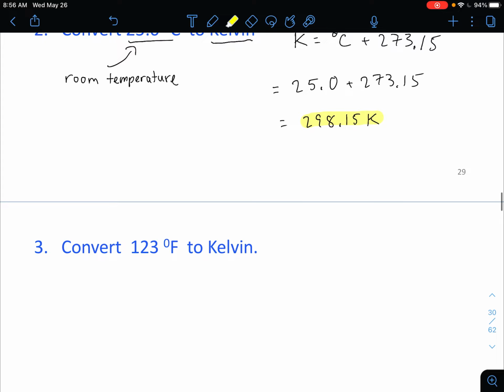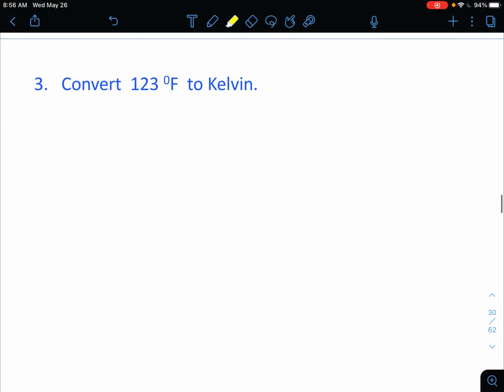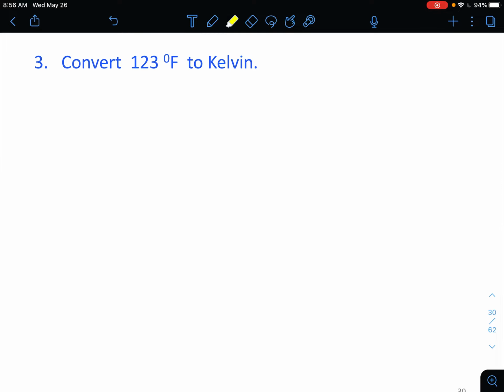Okay, hopefully so far so good. And then one last one of these where now I've given you a Fahrenheit temperature and I want you to go to Kelvin, so keep in mind you can't do that directly, right? I'm going to need to go from Fahrenheit to Celsius and then Celsius to Kelvin. Okay, so to get degrees Celsius, it will be 5/9 times the Fahrenheit temperature minus 32.